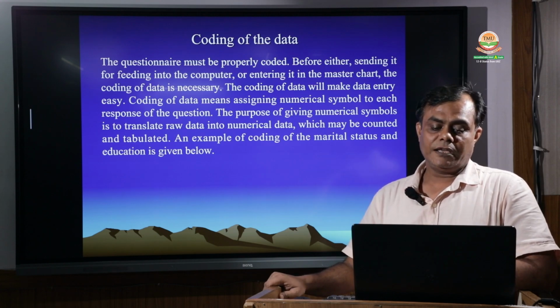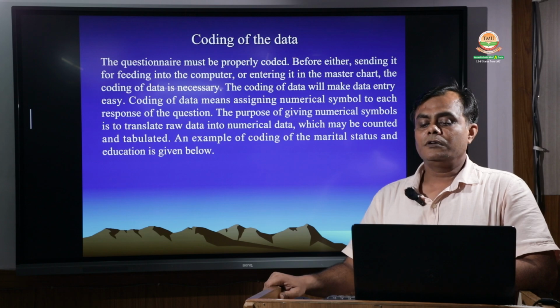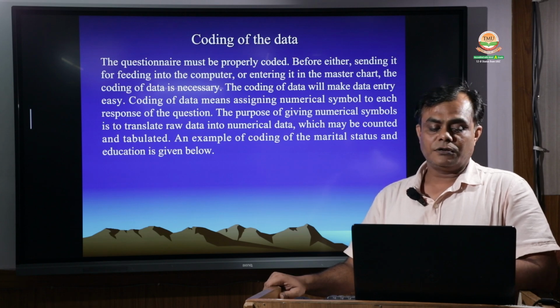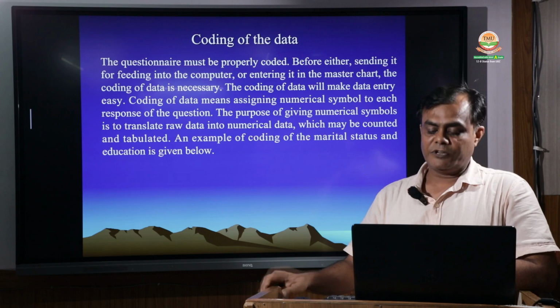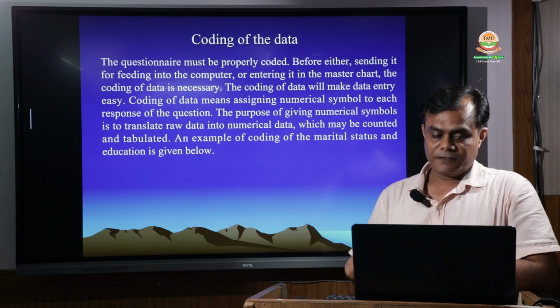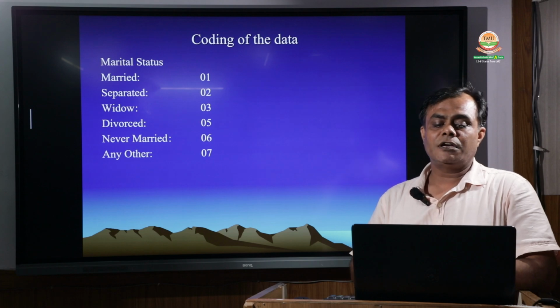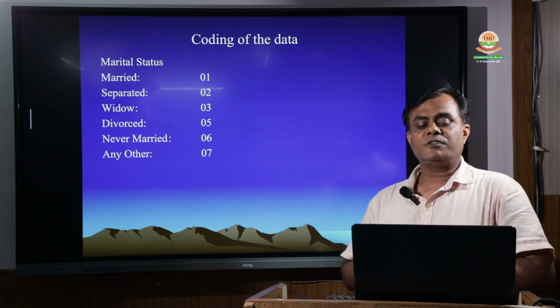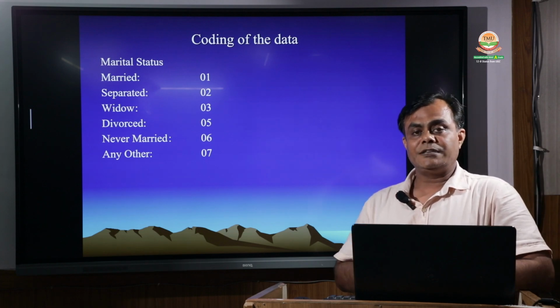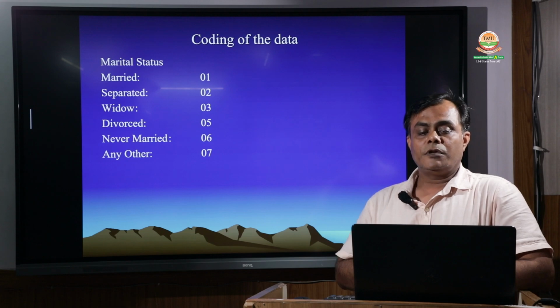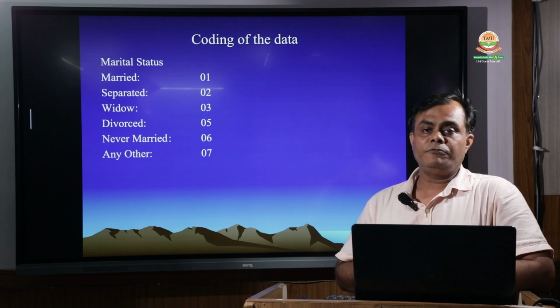tabulated. An example of the coding of the marital status or the educational status is given below. So here there is a certain way how we are coding the data. For marital status, if the respondent is married, we are using 01.